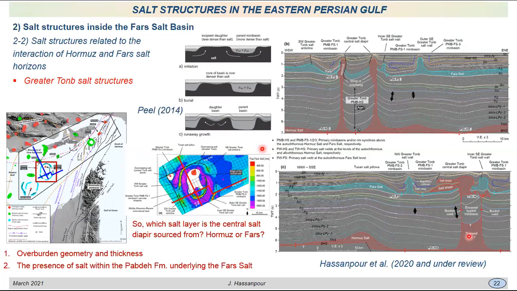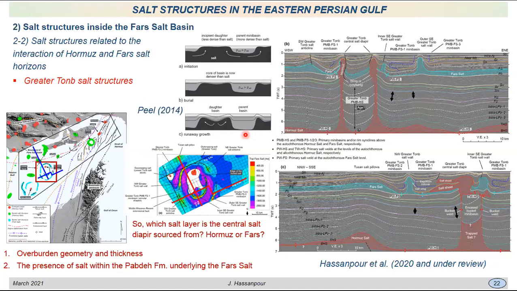You can compare this with this schematic illustration by Frank Peel to see how the daughter basins or secondary mini basin can form about the diapir after the allochthonous salt is welded.